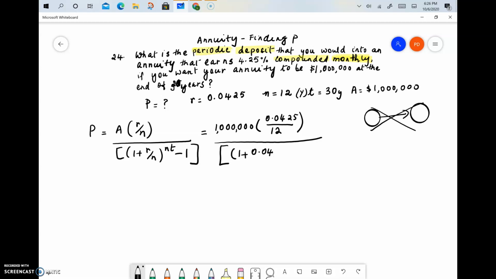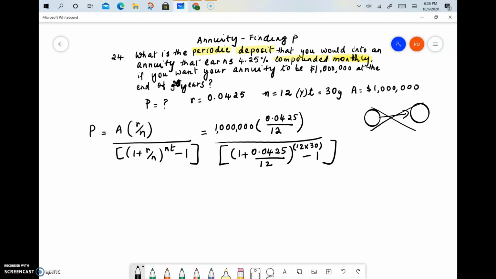So what I'm doing now is just plugging the numbers in. So I'm dividing by 12, which is N, whole to the, and I'm putting that in parentheses. N is 12 and T is 30, minus 1 close parentheses.